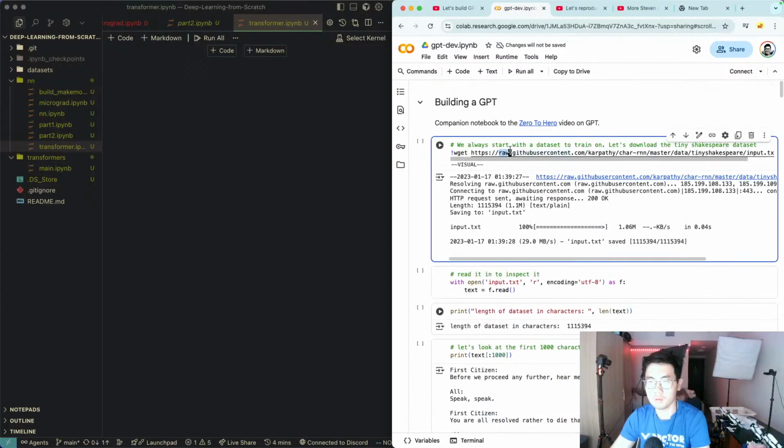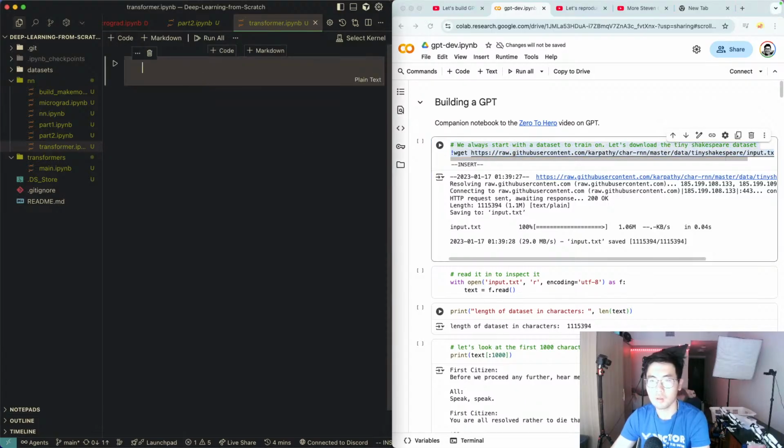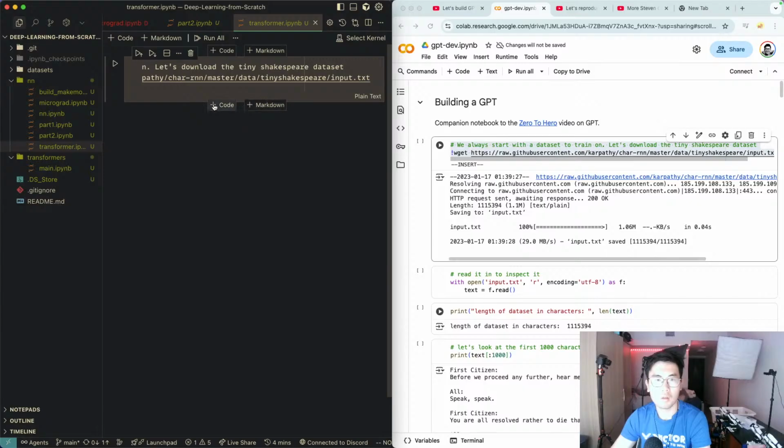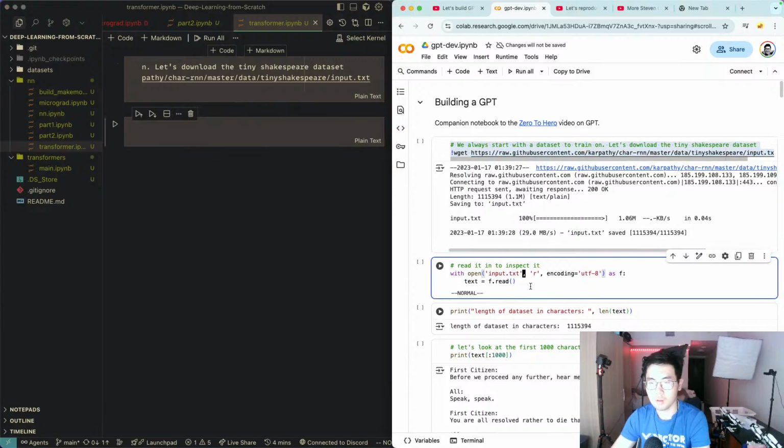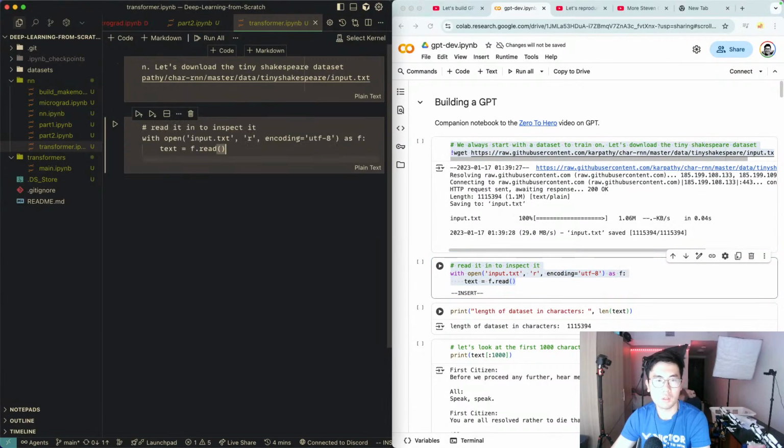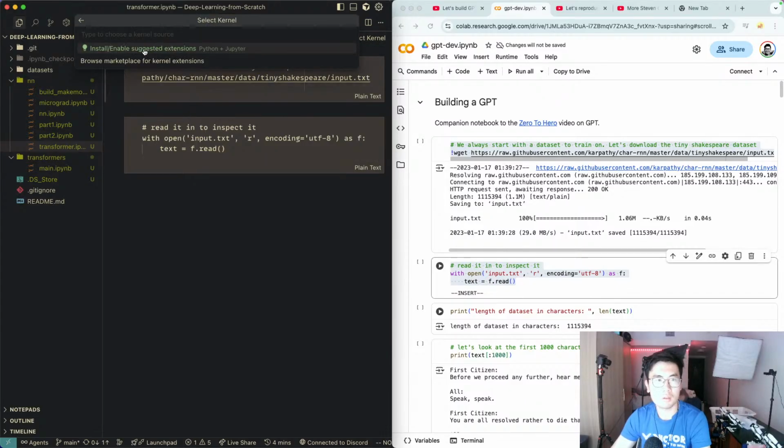We need to just reading a file is not too important.